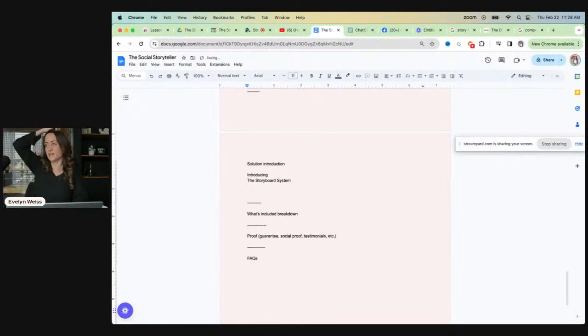But from what I understand, it's the first Notion-based storytelling template system based on proven story and copywriting frameworks.